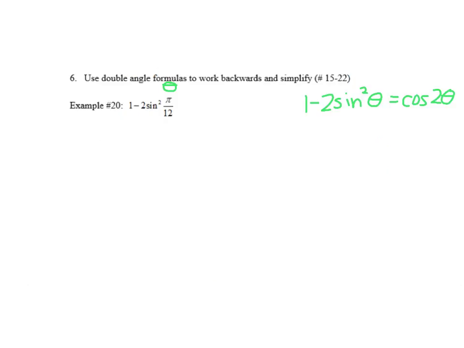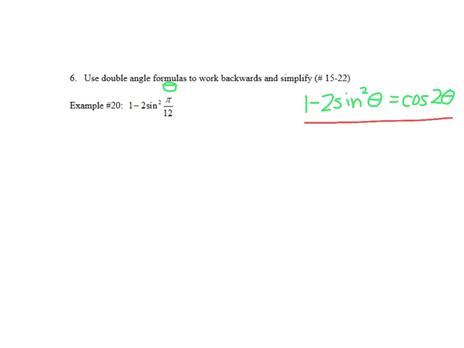And now we have our same type of problem we had with the sum and difference angles. We are going to have a formula, and guess what formula it is. And once you have that, then work backwards and simplify. So as soon as you see 1 minus 2 sine squared of something, then you know this is the formula that we're using.